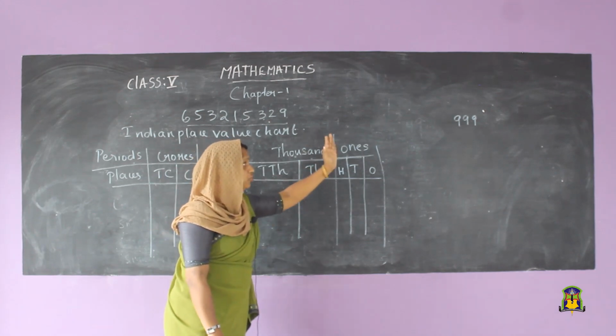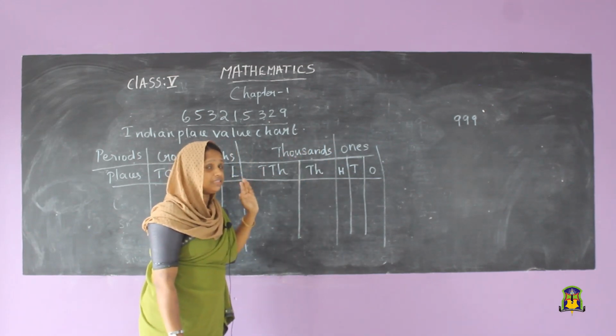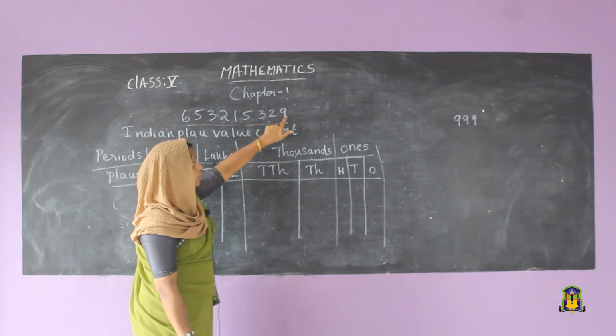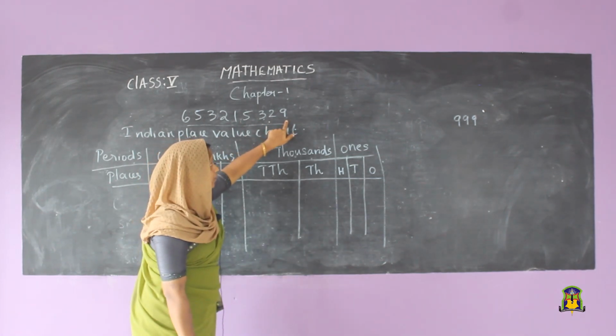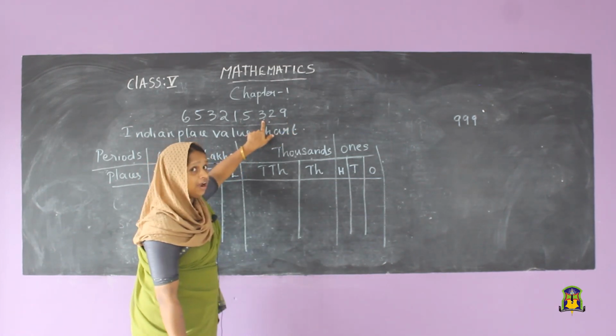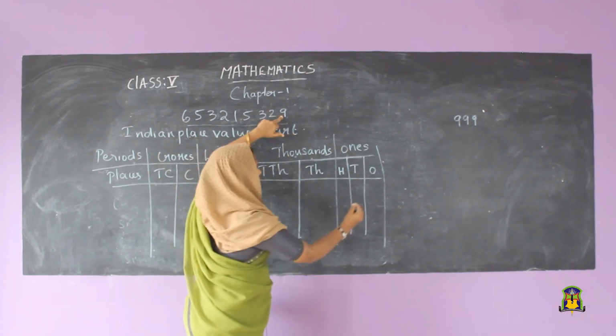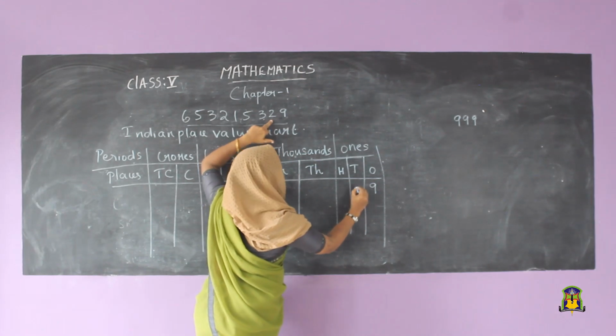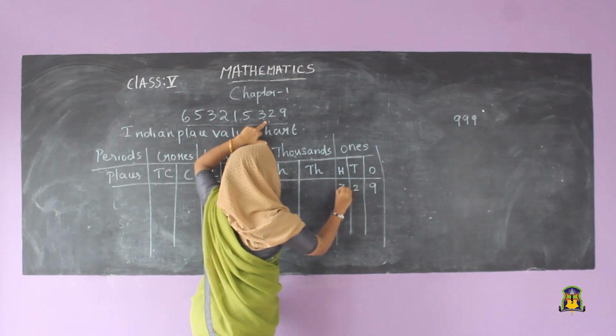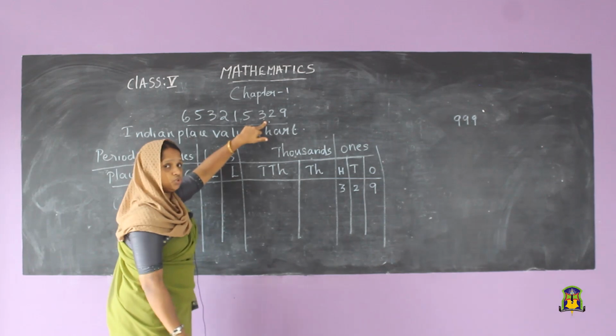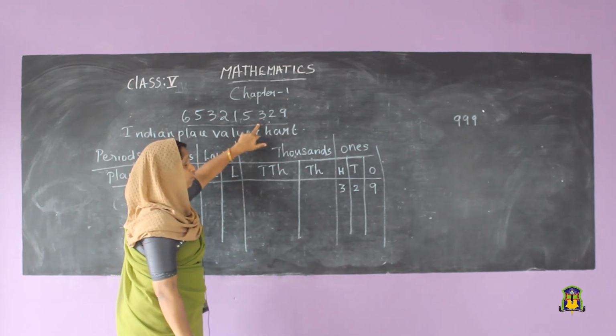After that we divide it into periods. It's very easy. We start from here: ones, tens and hundreds. It comes under the ones place. That means 9, 2, 3. Here we want to separate.